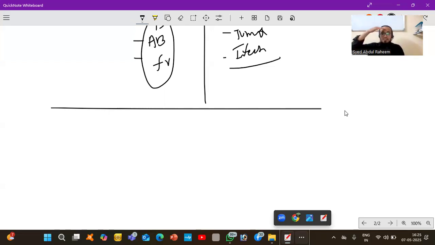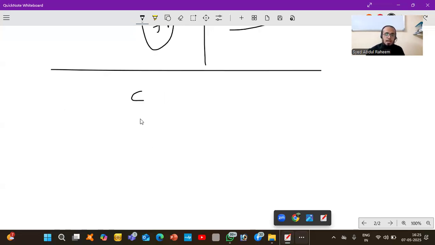Axial, from upper to lower. And from lateral to medial. So we call them the coronal plane, the axial plane, and the sagittal plane.